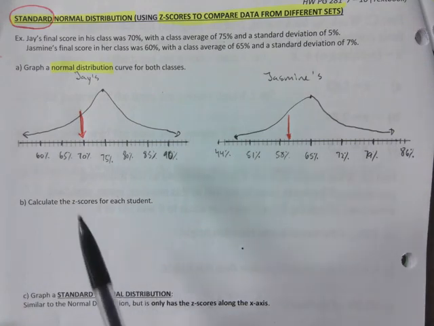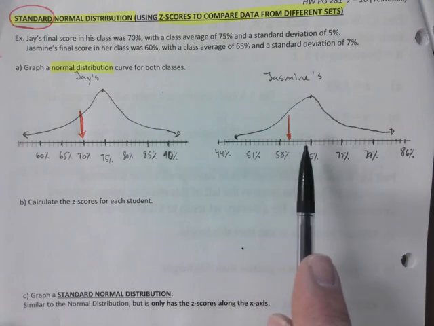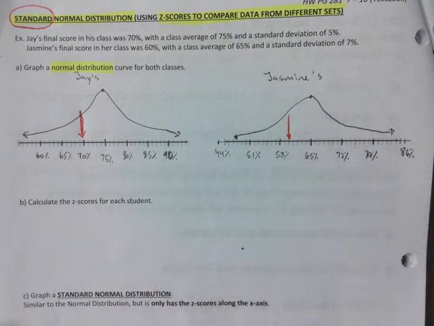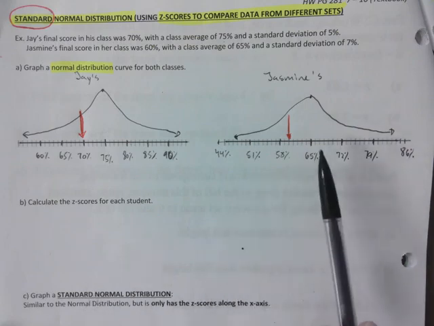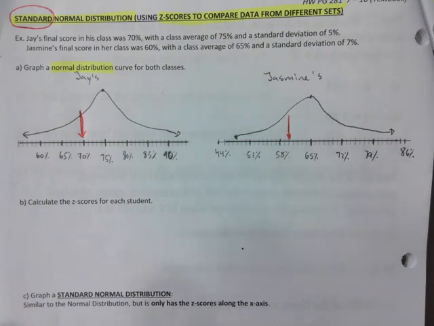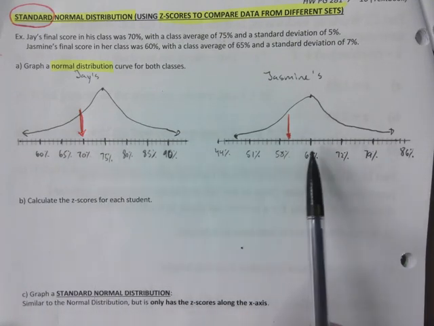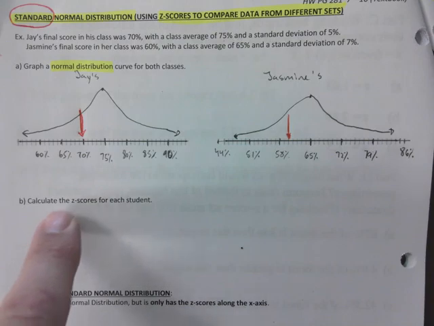It is hard to tell right now who did better overall. It's very hard to tell. They're both below average, right? They're both further away from the mean to the left, of course. So this is where the z-scores come in.